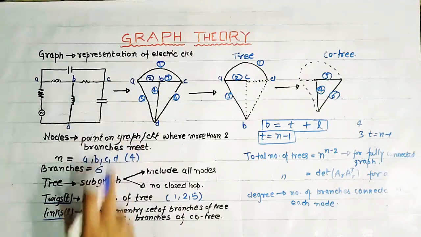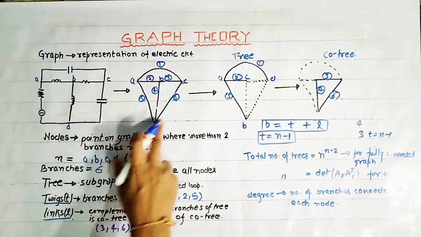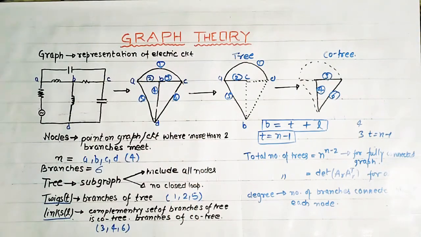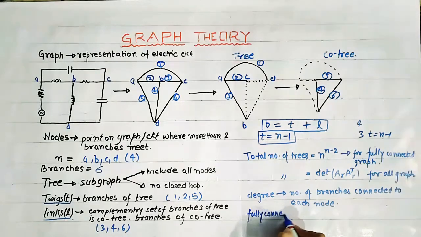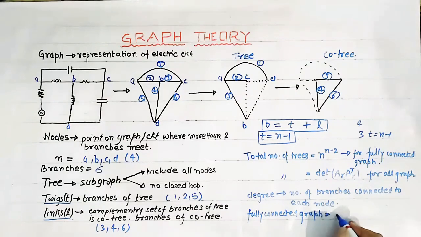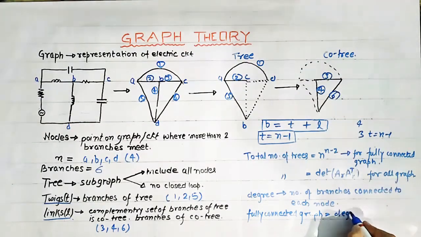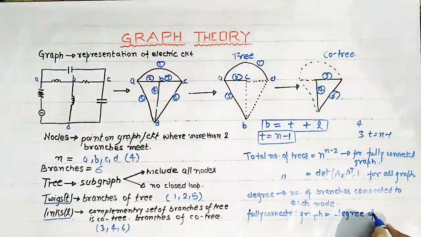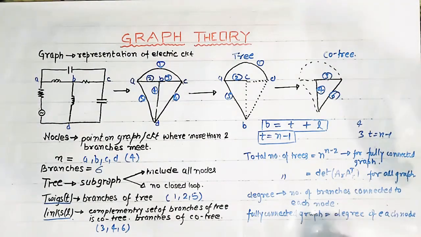Here you can see that the number of branches connected to each node is equal to 3. And in a fully connected graph, the degree of each node is the same.